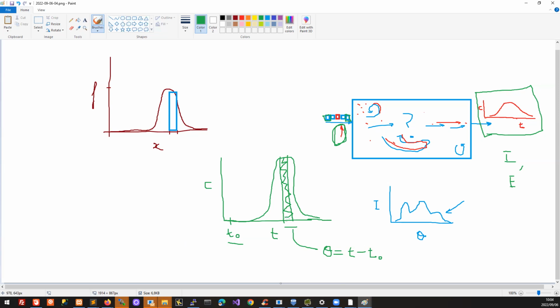If I take the time here and subtract T0, that's an estimate of the time spent by the salt. And of course, we are really talking about a time range here. There's a small series of values, so T is a range of values.